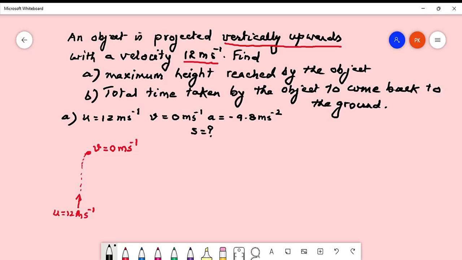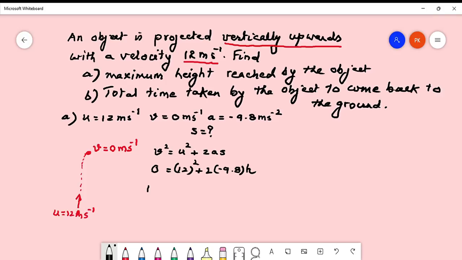Obviously, v square is equal to u square plus 2as. Now, v square is 0 square, that is 0, u square, that is 12 square, plus 2 into a is negative 9.8 into h, the maximum height reached by the object.